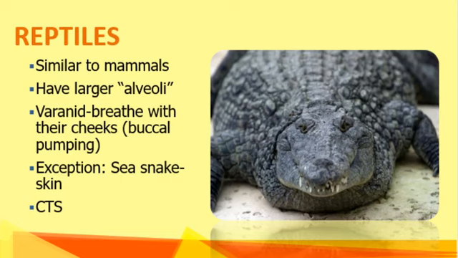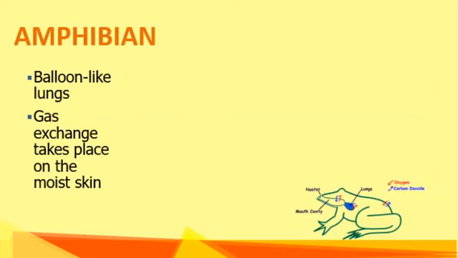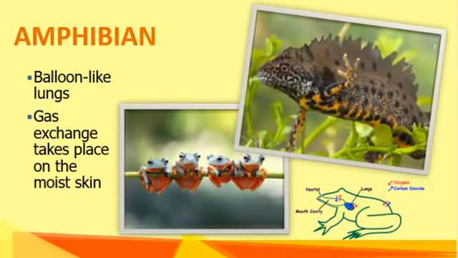All right. How about other animals like amphibians? Amphibians have balloon-like lungs, and the gas exchange takes place on their skin. Their skin is moist, as you can notice, and thin, and it has a large surface area as well. The diffusion of gases usually takes place when the animals are in water.